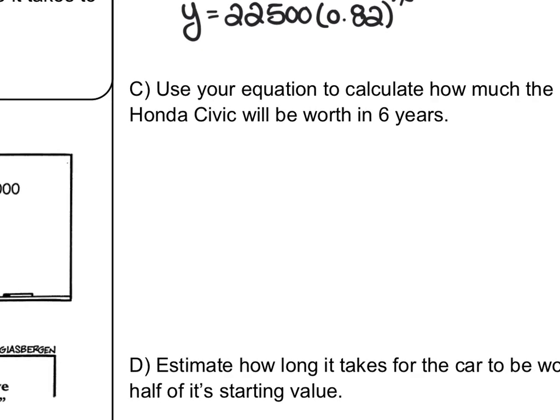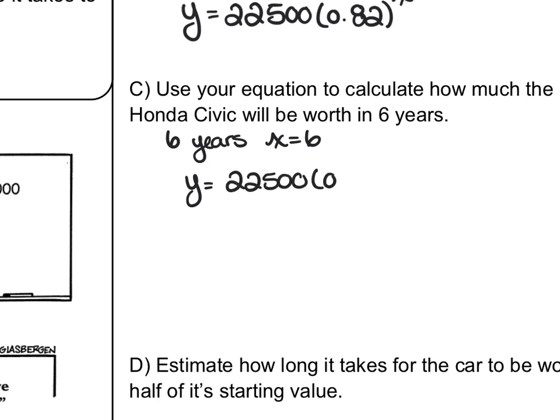Okay, use your equation to calculate how much the Honda Civic will be worth in 6 years. So if we're looking for the 6 years, we're going to set x equal to 6, and we'll just plug it into our equation. 0.82 to the exponent of 6, times 22,500.